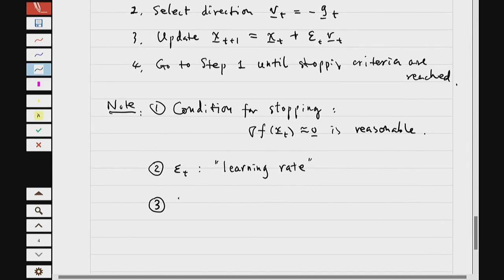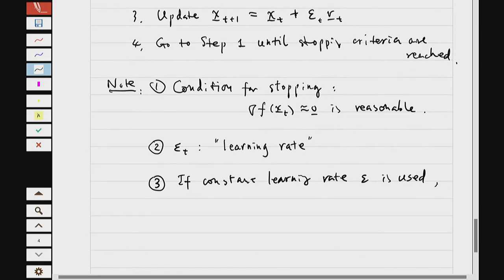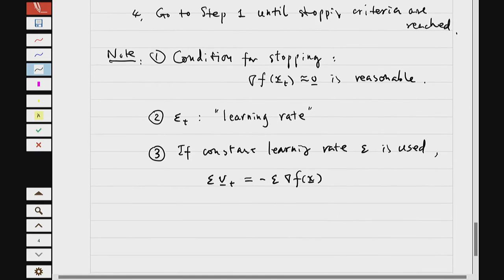So if we have a constant learning rate, epsilon t is always equal to epsilon. So that means we have epsilon times Vt. That's what we use to update. Let's write it out. Vt is simply that negative gradient.